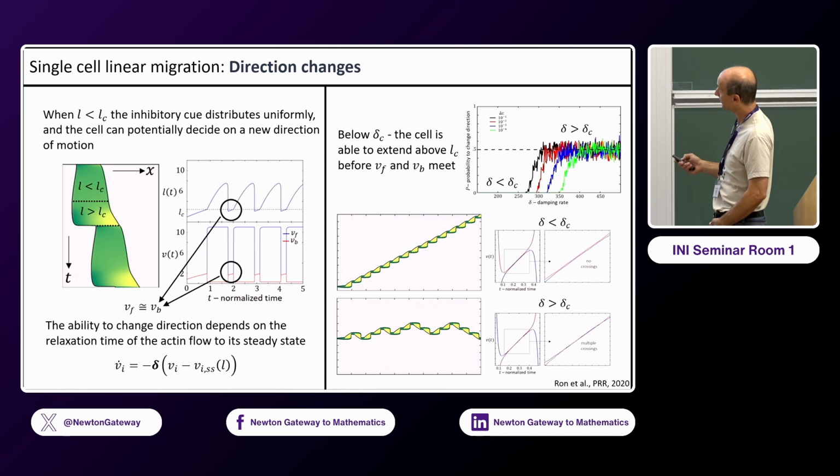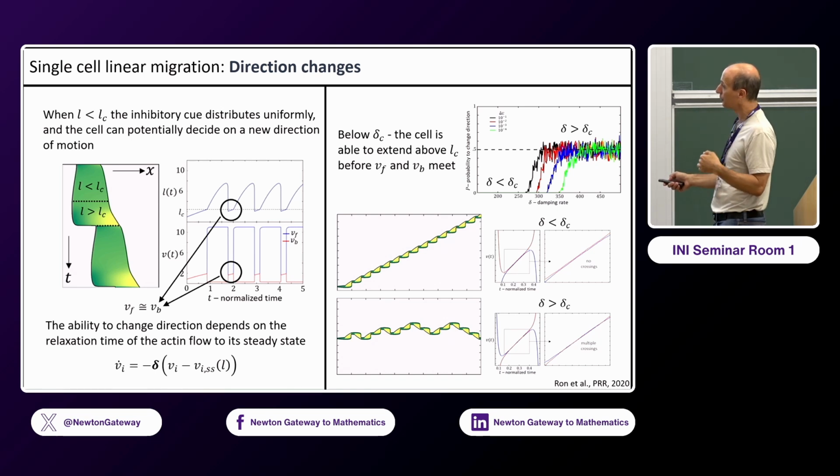So that happens here. You can actually have, after each slip event, the cell shrink back to such a small length that it actually loses polarity for a short while. If that short time that it loses polarity is too short, it actually remembers the polarity it had previously, and it continues maintaining this persistence.